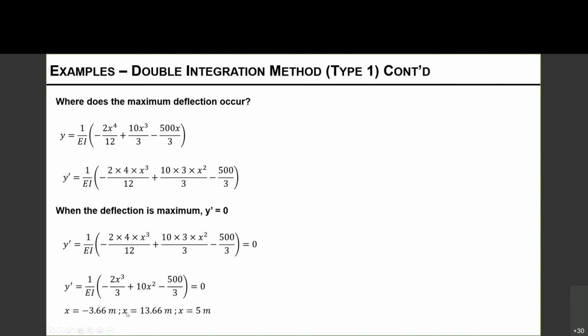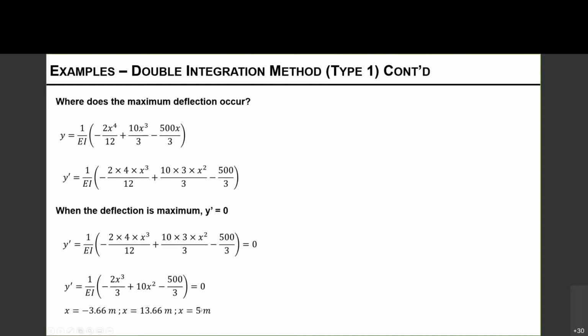The second root is x equals 13.66, which again is out of our boundary, because the beam is spanning from x equals 0 to x equals 10. So 13.66 is also not an acceptable value. And the third root, I get x equals 5 exactly.